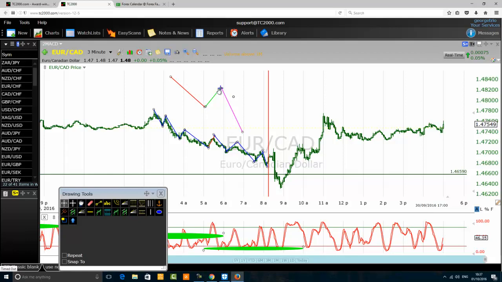The second part is subdivided into 3, a typical corrective wave, 1, 2, 3, and the third part is subdivided into 5, having the allure, is that how you say it in English? The tendency of an impulse wave, also subdivided into 1, 2, 3, 4, 5 waves.